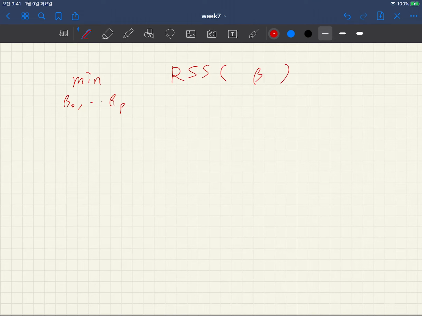And for this original problem, you introduce some constraint. What is the constraint? The sum over j equals 1 to p of the absolute value of beta j is less than or equal to s.